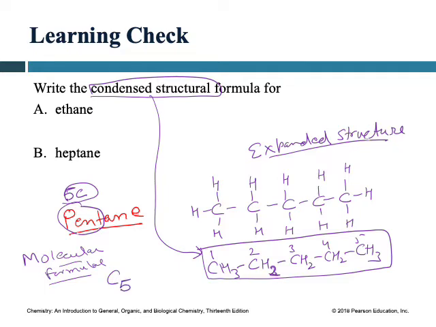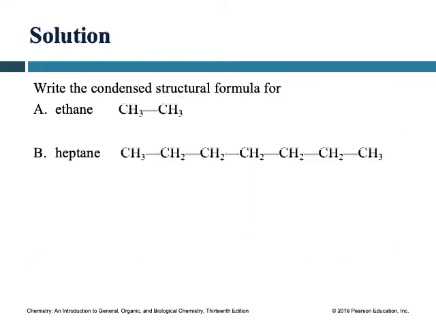How many hydrogen? 3, 4, 5, 6, 7, 8, 9, 12. So this is your molecular formula for pentane. This is a solution from the previous question that I already solved for you. You can see it over here again, but I'm going to skip this part.